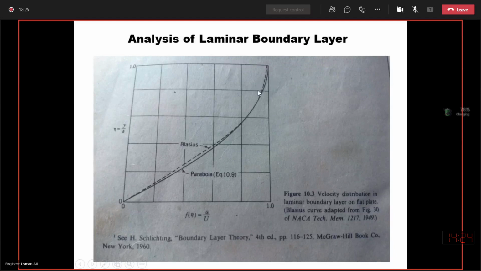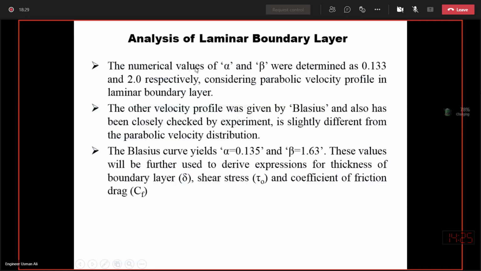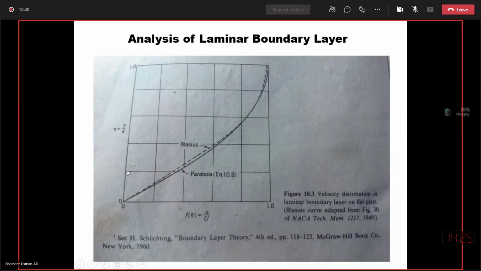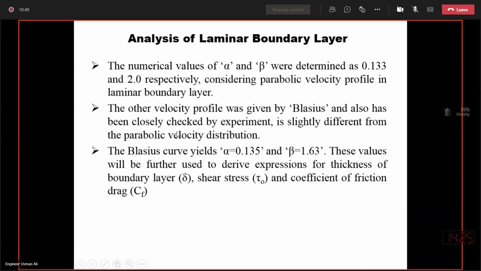Considering the parabolic velocity profile within the boundary layer, and solving the equation of parabola, it was found that alpha is 0.133 and beta is 2.0 respectively. This is the case when we consider the parabolic velocity distribution like shown in this bold line, and considering the equation of parabola, we can solve it and find the values of alpha and beta.